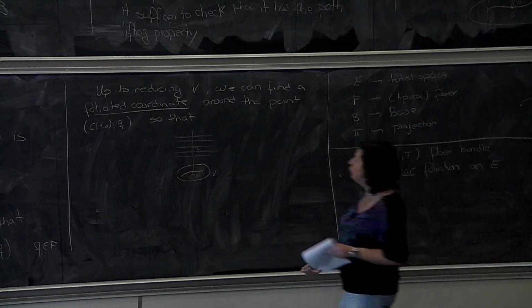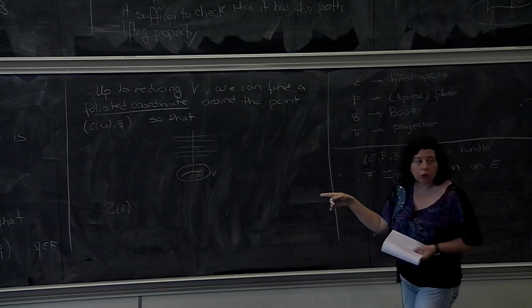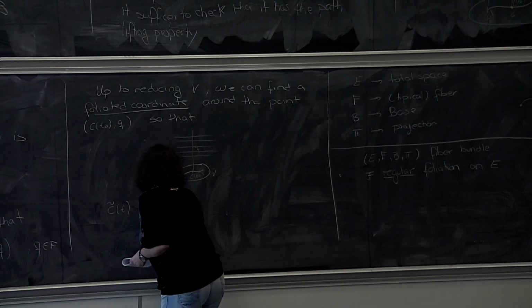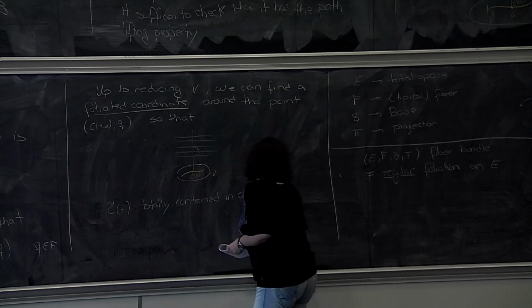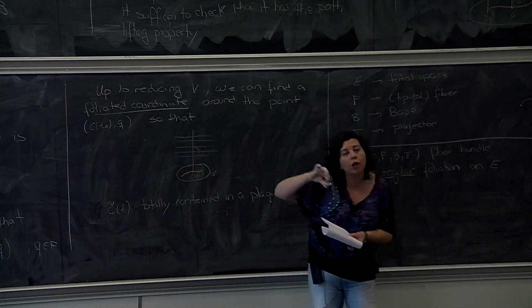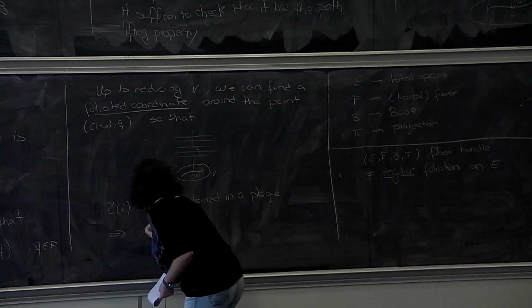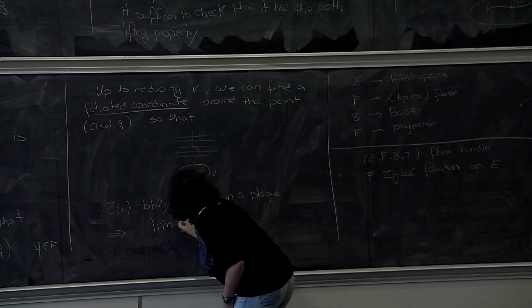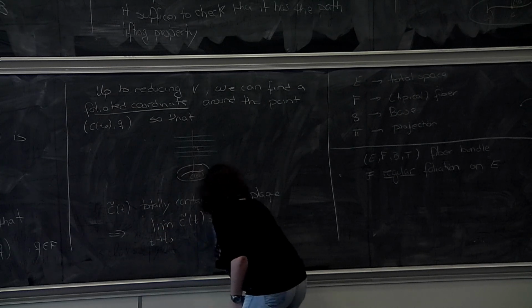Okay, but now if I look at phi tilde C tilde of t, this is totally contained in a plaque here. And since we have transversality, I have no choice then: all of C tilde of t goes to this point Q. So, in fact, the limit of C tilde of t as t goes to t0 is Q.